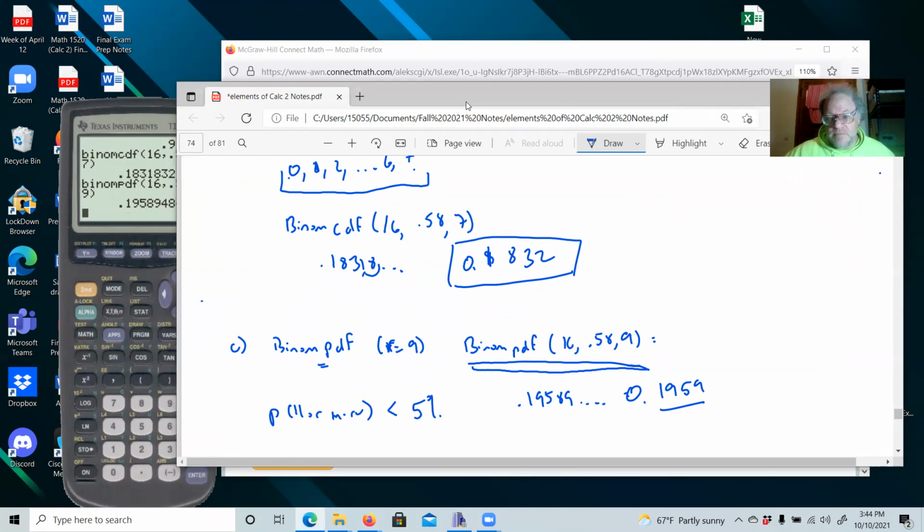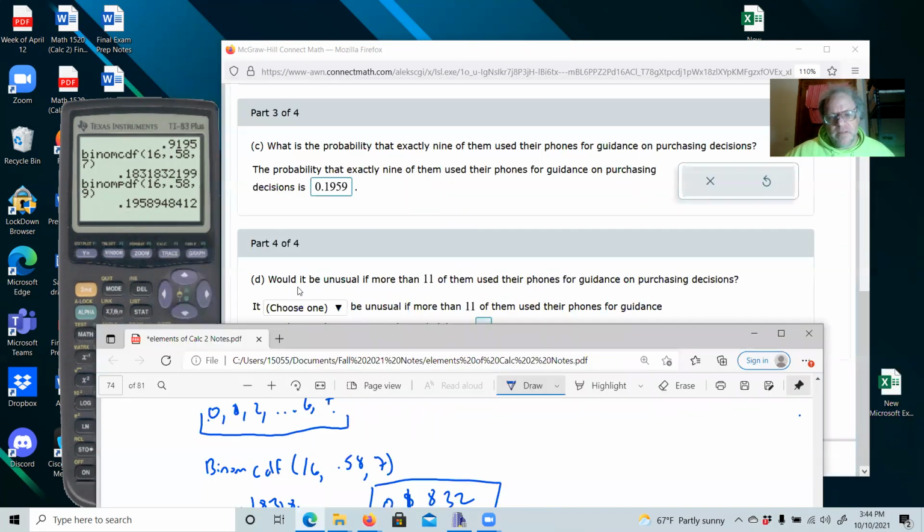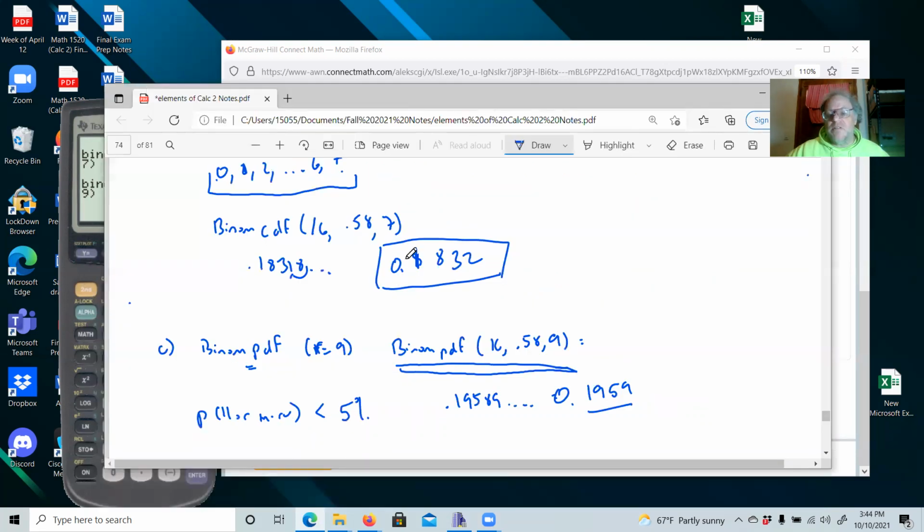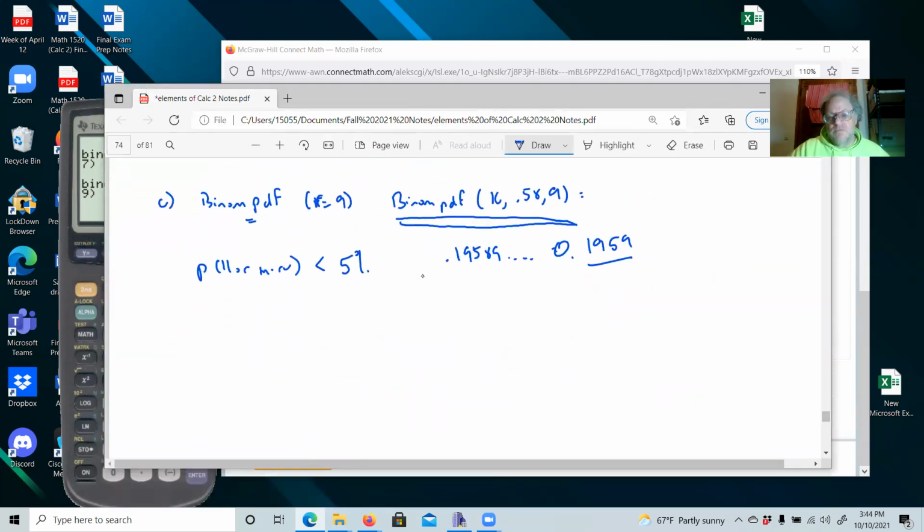Oh wait, sorry, I misread this. Would it be unusual if more than 11? Okay, so we want what's more than 11? 12. And then what's not that? So that's 0, 1, 2, up to 10 and 11.